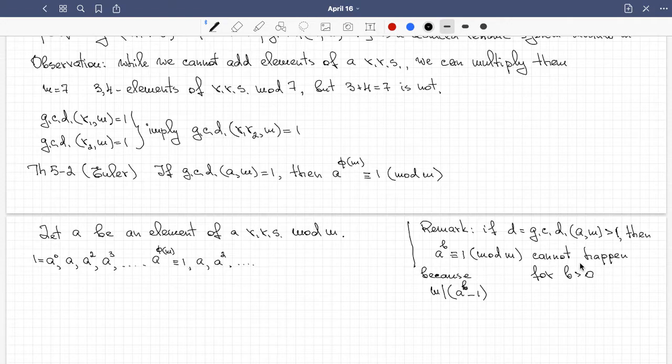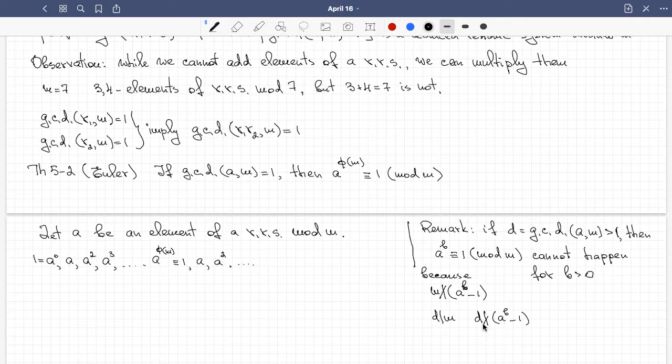So this cannot happen because M does not divide this difference. That is because our D divides M, but D does not divide A to the B minus 1, unless B is 0 and A to the B is 1, 1 minus 1 is 0, but we assumed B is positive.